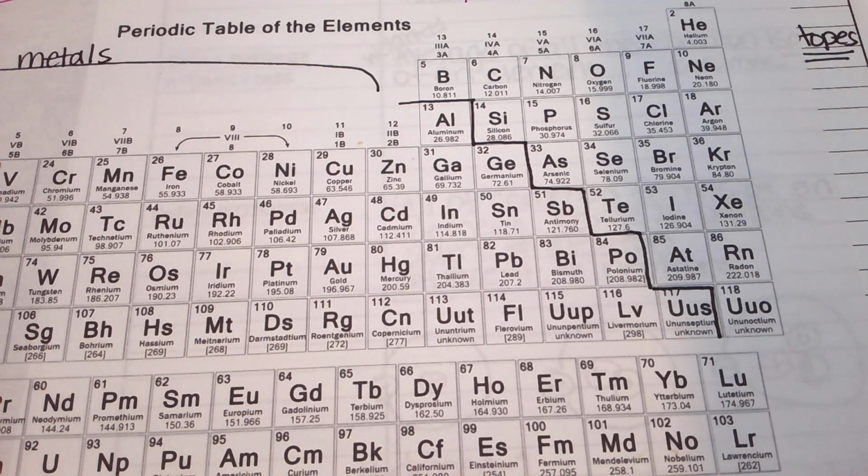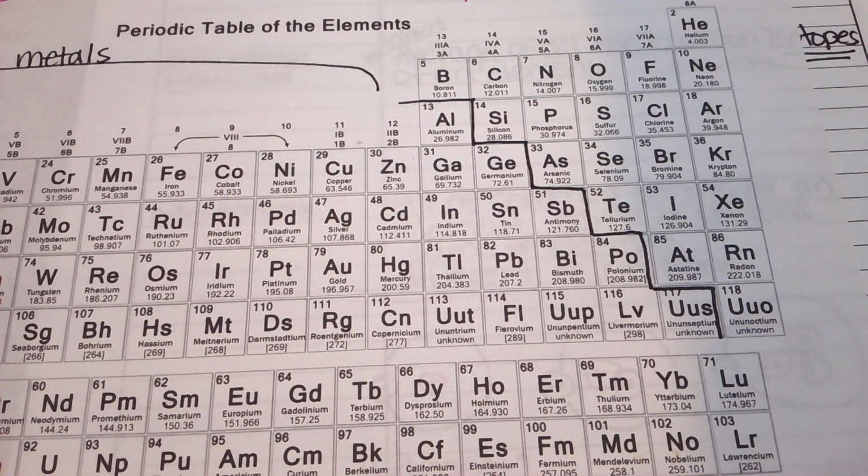Now, there are also some things that are on the line, and certain elements on the line have some characteristics like the metals and some characteristics like the nonmetals. And so I want to tell you which elements those are.